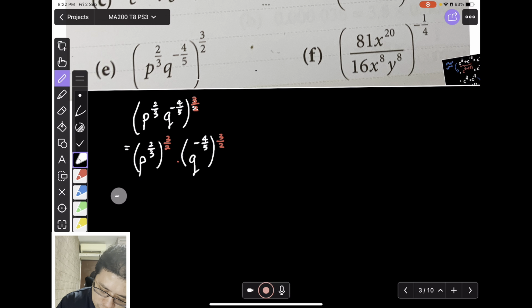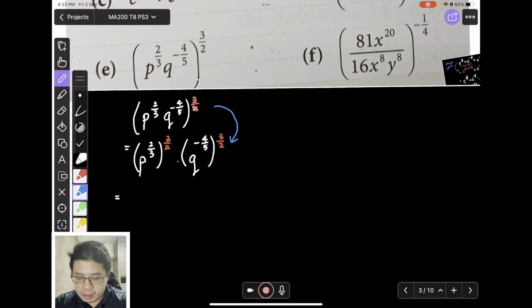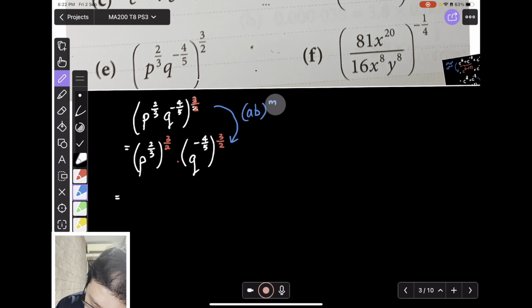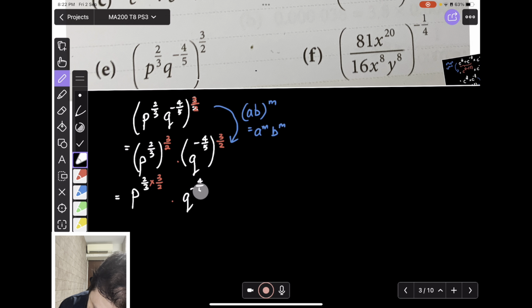Okay, so here, same law as what I did for part D, right? That (ab) to the power of m, basically the power m can distribute inside: a to the power m, b to the power m. So this is the same as p to the power of 2 over 3 times 3 over 2, q to the power of negative 4 over 5 times 3 over 2, right?